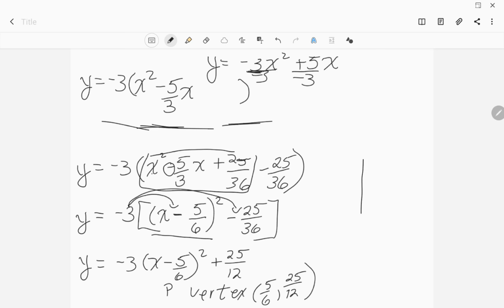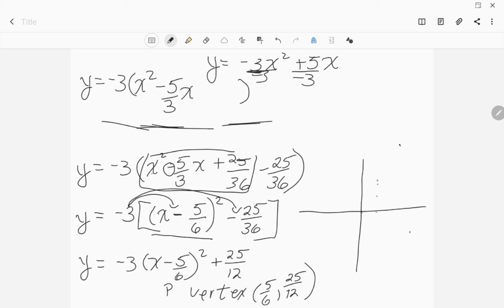So if they asked you to graph this, which would be gross, but it would just be a sketch. 5 over 6 is almost 1. So we're over almost 1 square. And 25 over 12 is like 2 and a little bit. So we're over almost 1 and up 1, 2, and just ever so slightly more.